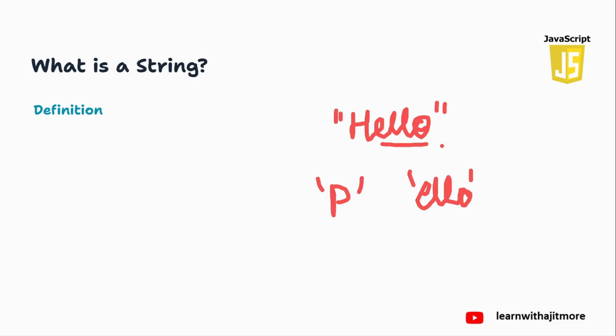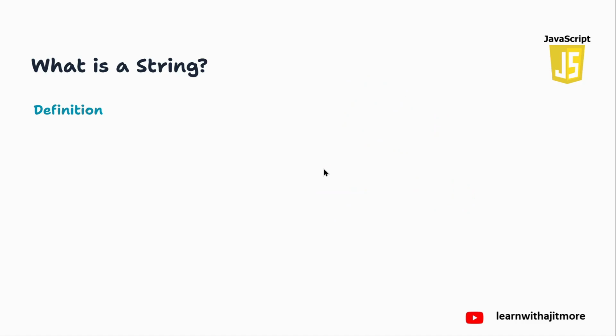And strings can be accessed on an index basis, 0, 1, 2, with the index starting from 0. So index-based access is allowed. And one very important thing you have to remember is that it is immutable. A string is a sequence of characters used to represent text in JavaScript.